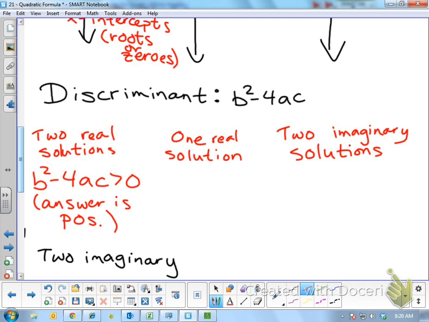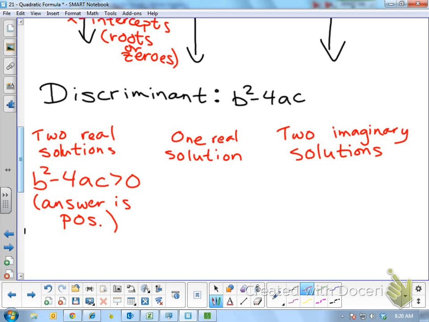Okay, if our answer is positive, we have 2 real solutions. Anytime we figure out that our answer is positive to the discriminant, not our overall solution, but just for that one piece, we get 2 real solutions. What's after C? Greater than, sorry, it kind of looks like a 7. But that is a greater than symbol after the C.